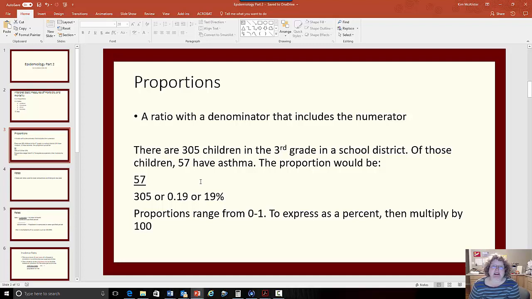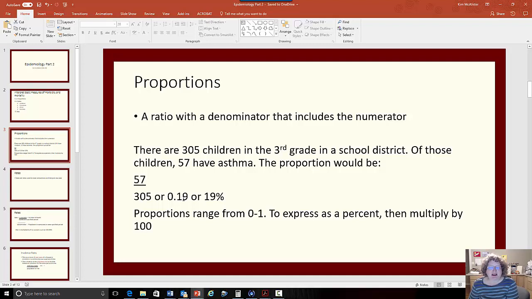So an example would be that there are 305 children in the third grade of a school district. Of those 305 children, 37 have asthma. So the proportion of children who have asthma in the school district would be reflected as 37 over 305. And then you would divide 37 by 305 and have 0.19.